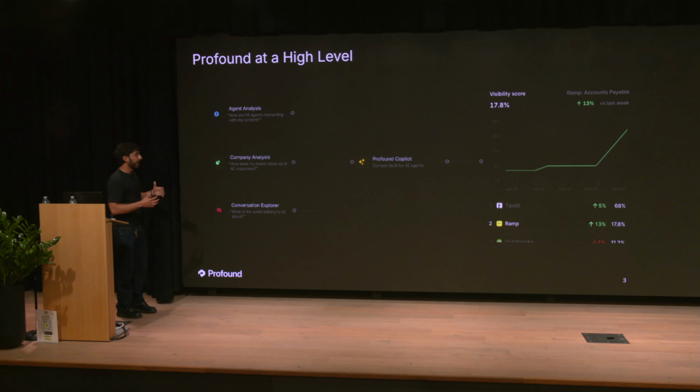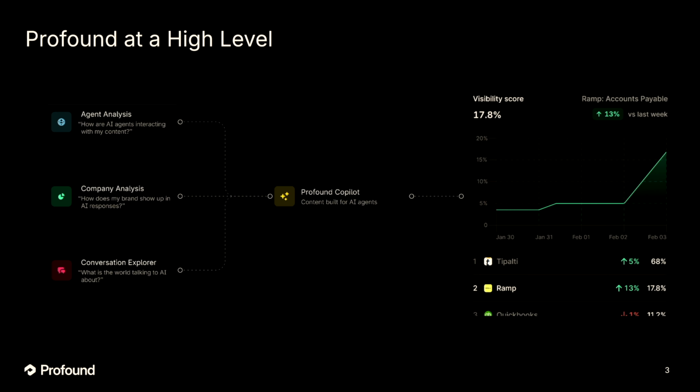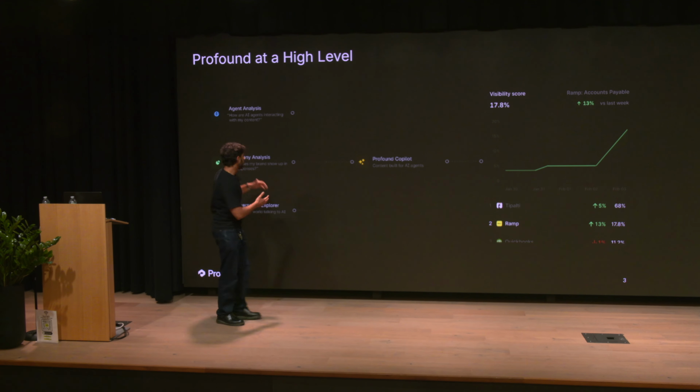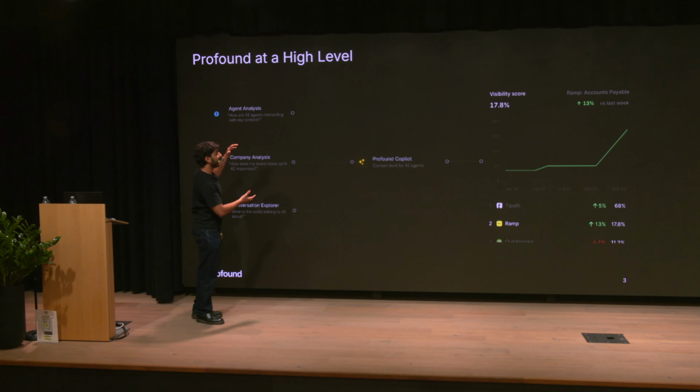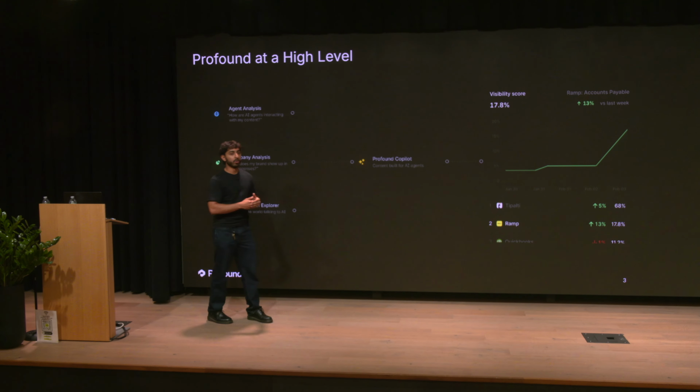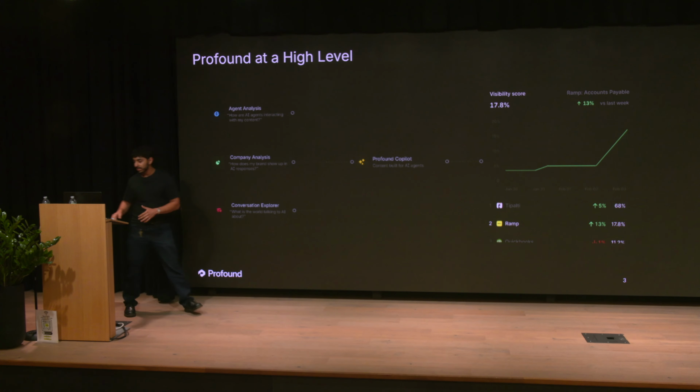And then lastly, the third pillar of our data collection is, what is the world talking to AI about? We've been doing a really great job at these 3 things, and recently we've decided to move on to the next act of our company, which is taking these 3 data sets and putting them together to build a cohesive story on how you can improve your AI visibility in your company.